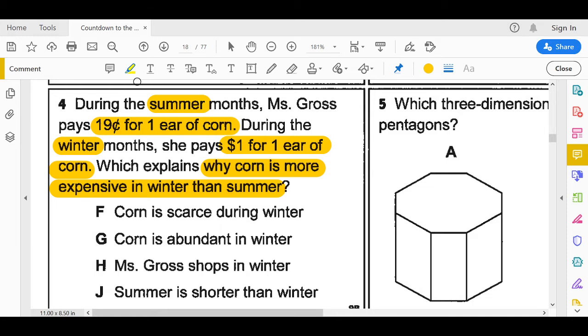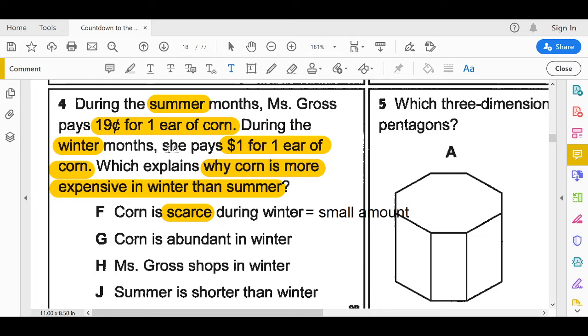Corn is scarce during winter. Remember that scarce means that there are not many available. It is limited, a limited amount. So I'm going to just type it right here. That scarce means small amount, okay?